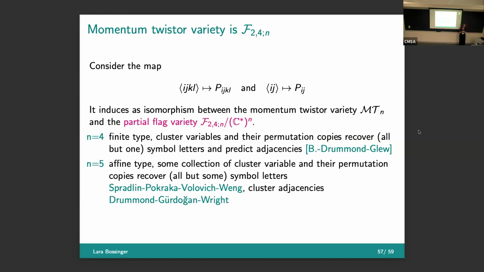Again, permutation completing, they make a similar observation that they recover all but some symbol letters. Again, it's not clear what happens to the letters that are not there, if they're really relevant. Also not clear how to generalize, how to predict which cluster variables are relevant to be part of the symbol alphabet. So very interesting questions in that direction. Very curious to see where that leads.